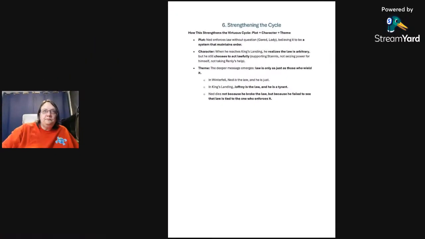All right. So how does the second theme strengthen our theme of the law being a double-edged sword? How does that strengthen our virtuous cycle? Okay. So basically, Ned enforces the law without question, because he believes in the system.